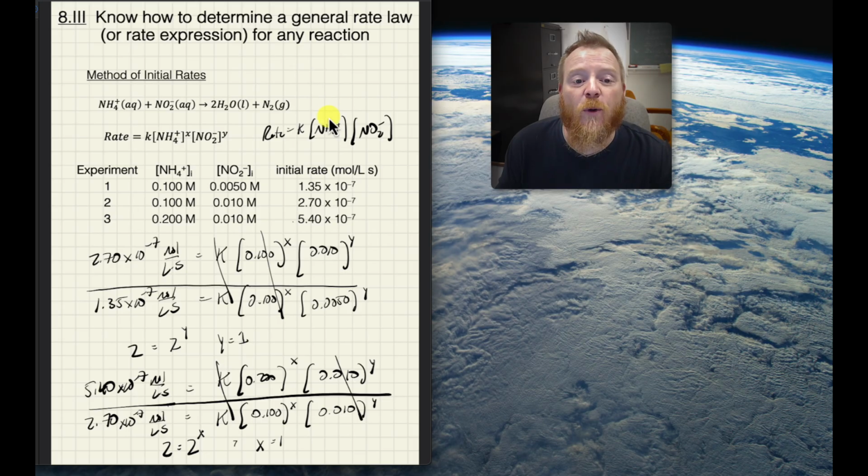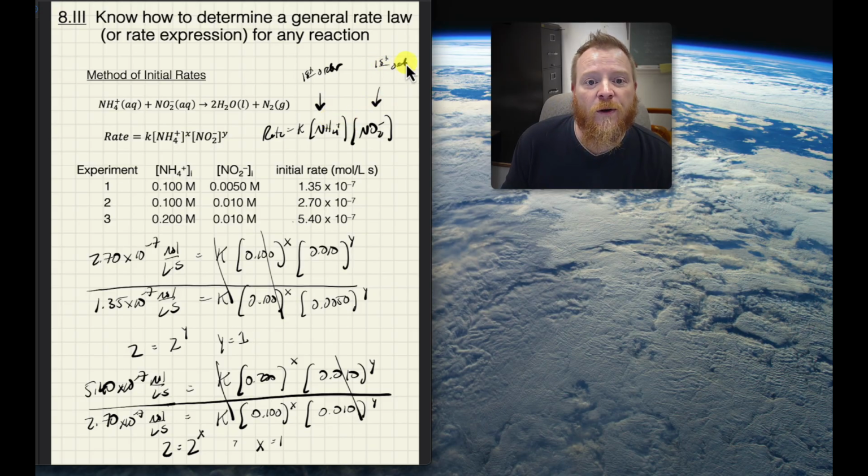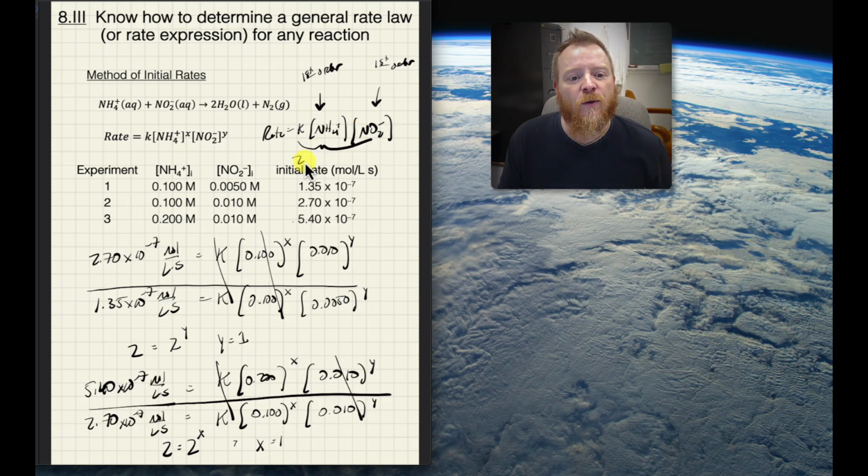And so now what's important to note here is it's first order in ammonium, because the reaction order was 1, it's first order in nitrite, because it was raised to the first power. But overall, the reaction is second order. So we add up the orders for all of the reactants to see that overall the reaction is second order.